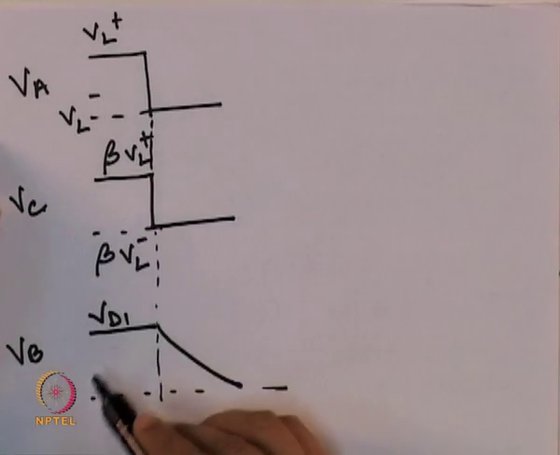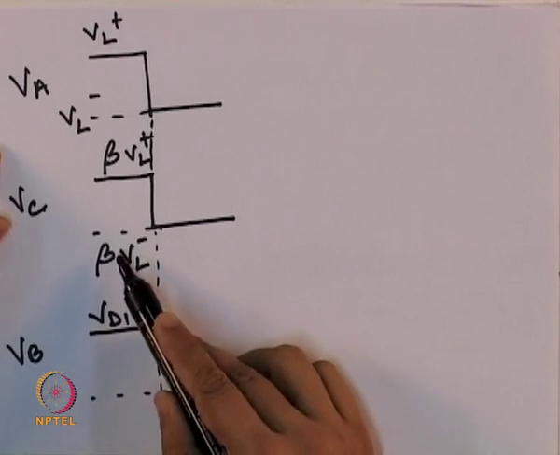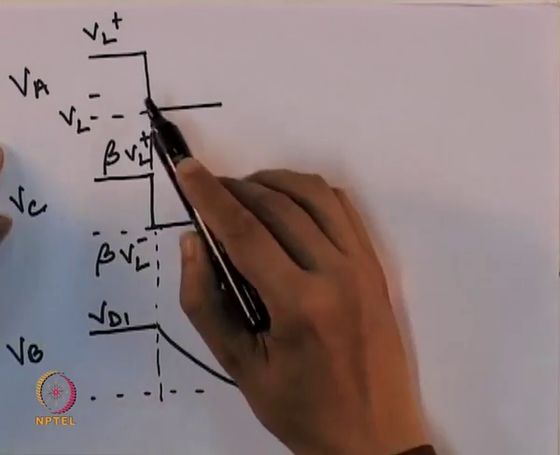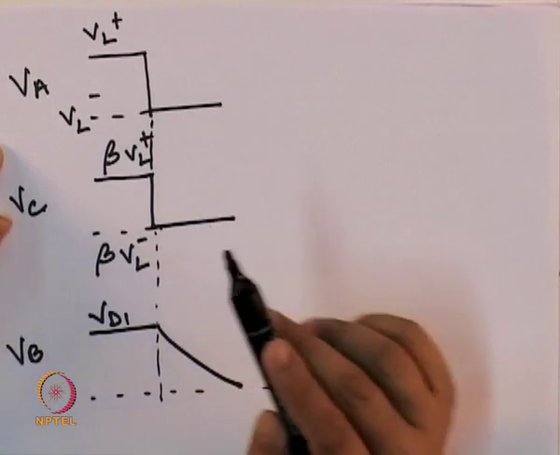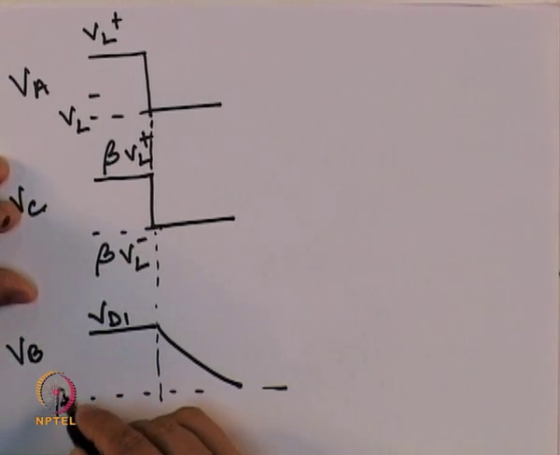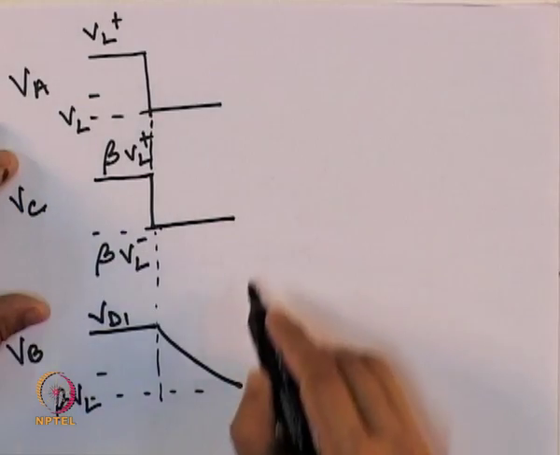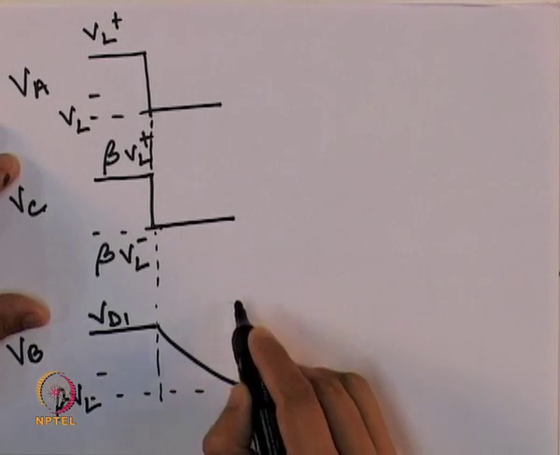So that is the thing: as long as VB is more positive than VC, VA will continue to be at VL minus, but the moment VB becomes more negative than or equal to beta VL minus, there will be a transition.